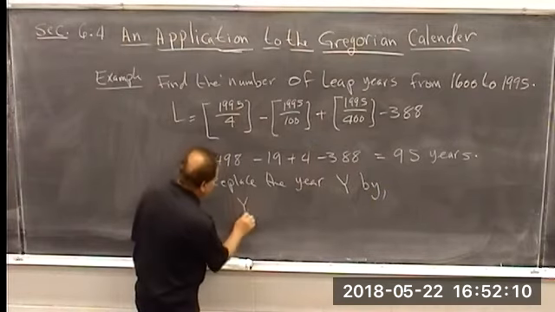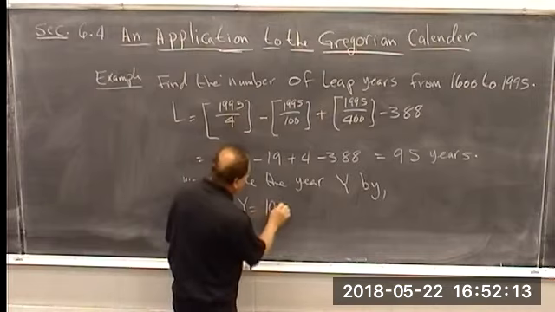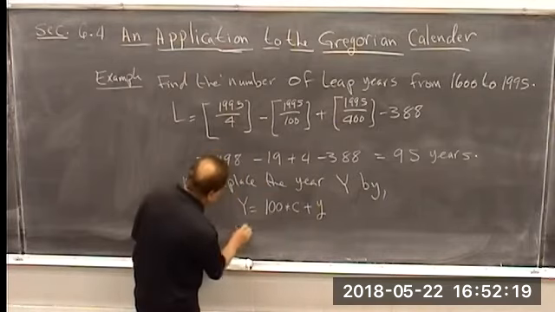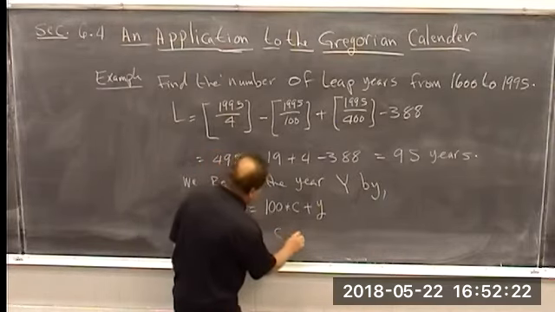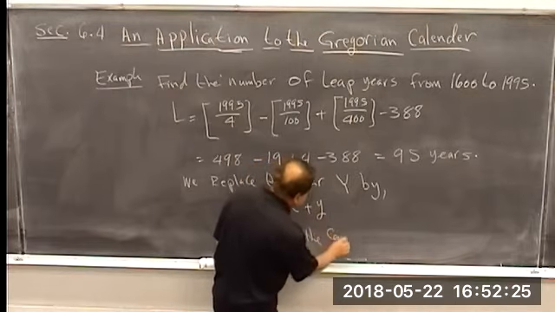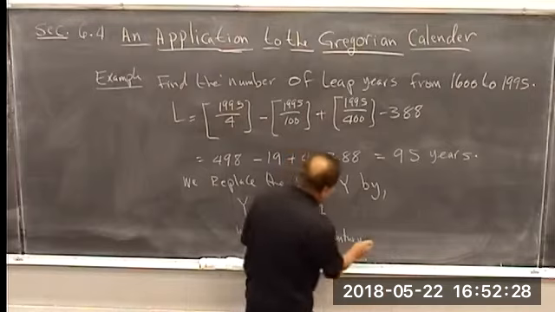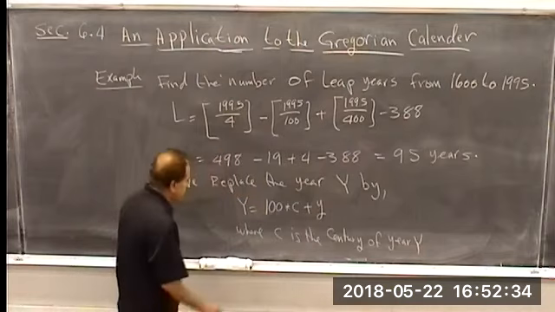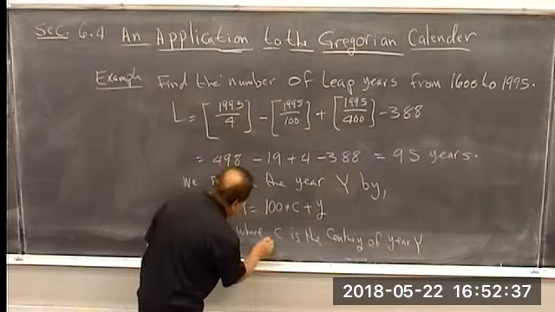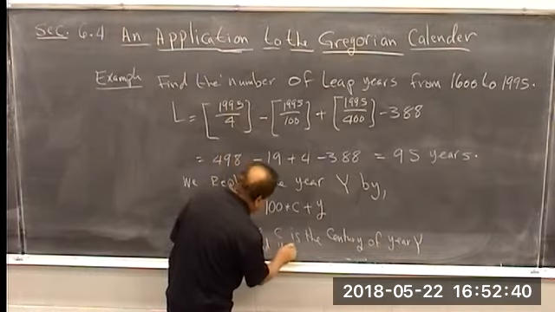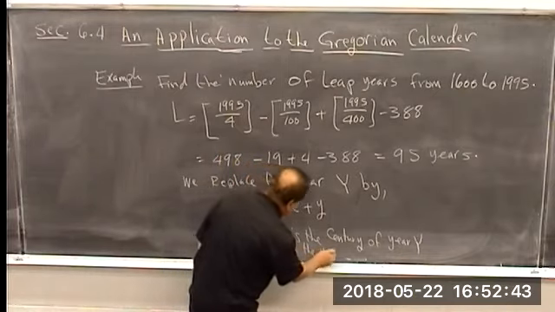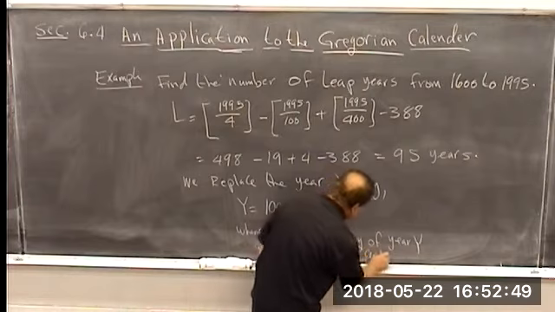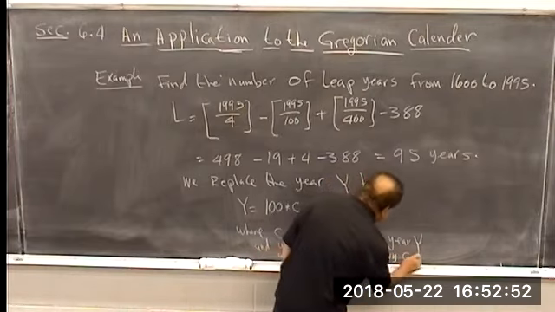We're going to write y is equal to 100 multiplied by c plus little y, where c is the century of year y, and little y is the year in that century, in century c, sorry.